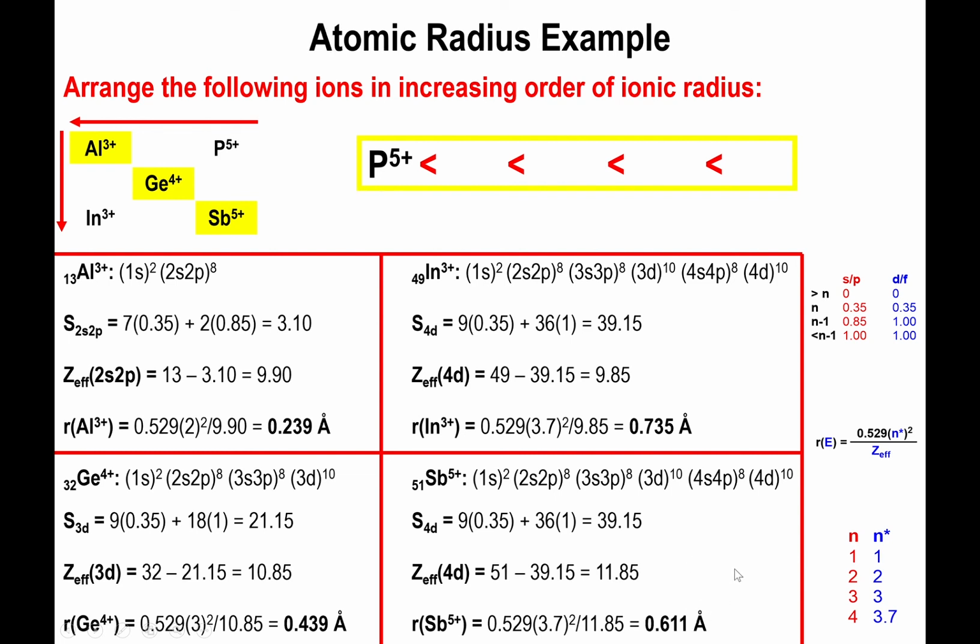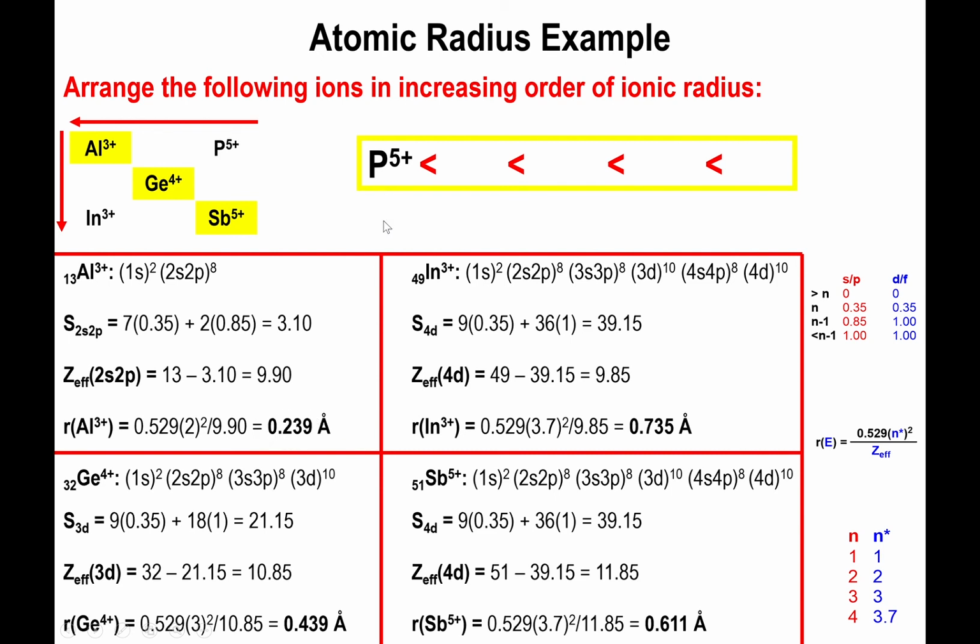Alright, now the beauty of this is that even though the values are not exact in terms of being close to the true values, the trend is pretty much consistent with the trend that you see in the periodic table. So looking at this, you can see that out of all the numbers, the smallest is aluminum 3+.